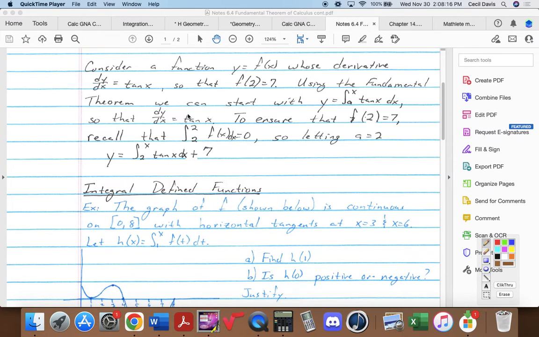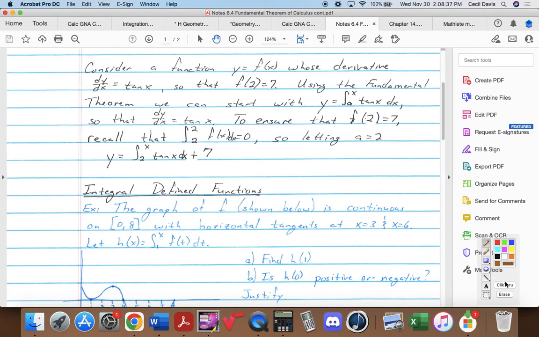Using the fundamental theorem, we can start with y equal to the integral from a to x, where a is any constant, of, I should not use x again. I should use some other variable, typically t, but there's nothing magical about t.